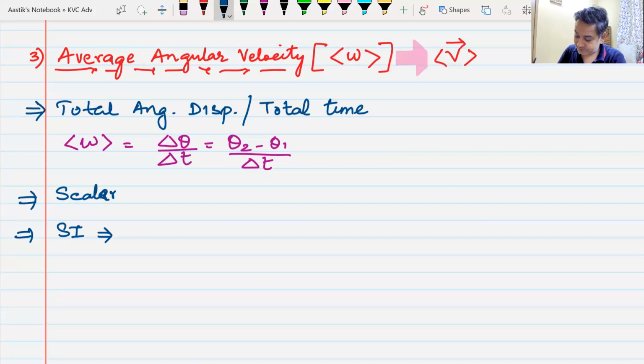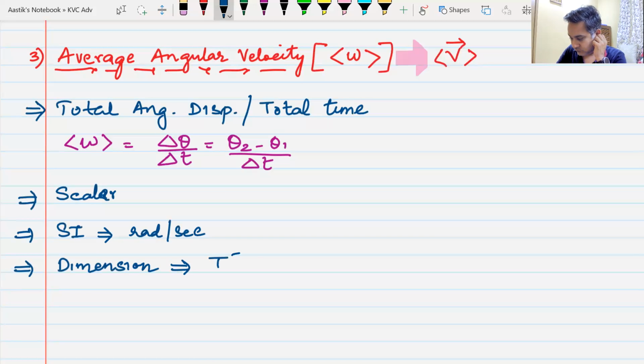SI unit? Radians per second. Dimension: T to the minus 1, because radians does not have any dimension.